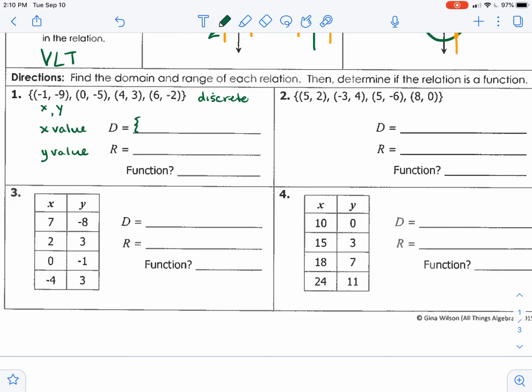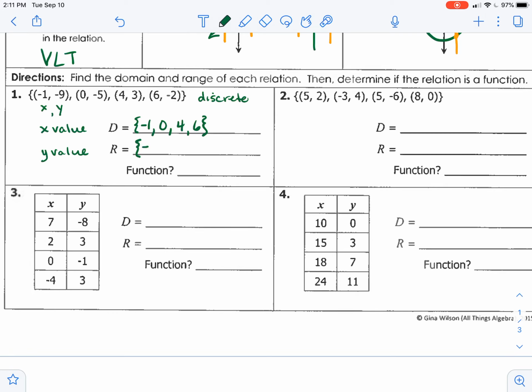So let's go ahead and do the domain. So again, the domain is my x values. So that would be -1, 0, 4, and 6. And again, just double check to see if those numbers are in least to greatest order, and those are. So the next one would be my range, and it is my y values.